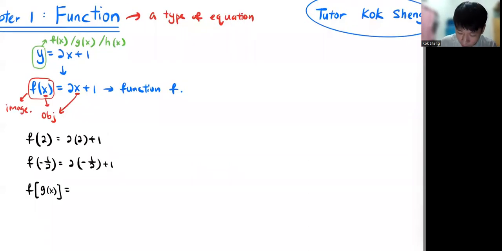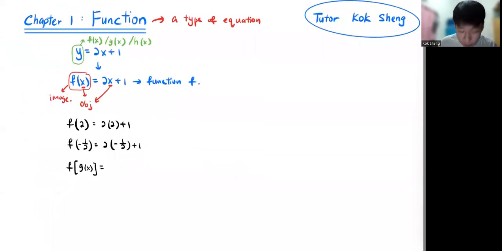Of course, if I change it like this, the x on the right side, you also change to the same thing. So you get the idea. That's why here comes another function that you have to know, which is called composite function. This one we call composite function.